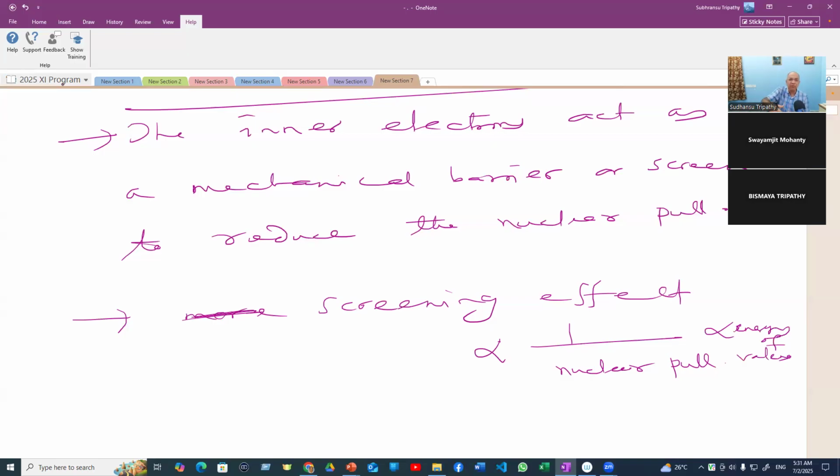These guys are obstructing and not able to interact properly with the nucleus. So if the screening effect is more, then the energy of the electron is more, because nuclear pull is less. It will go further away from the nucleus, and hence it will have greater energy. The more it comes closer to the nucleus, attraction is more, less is its energy.